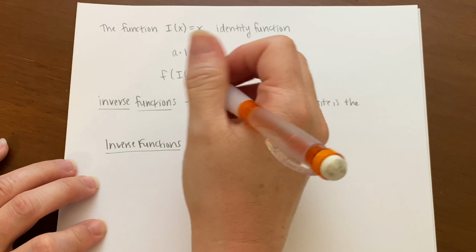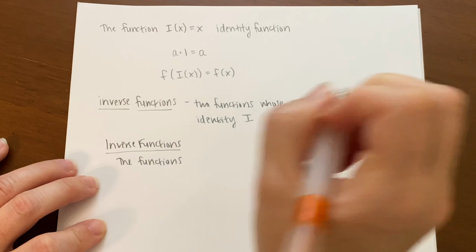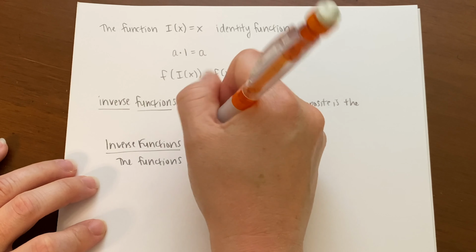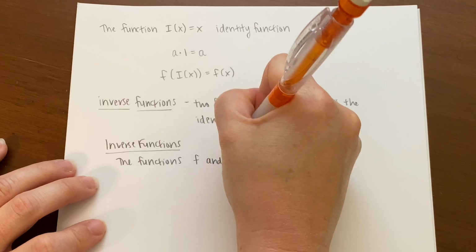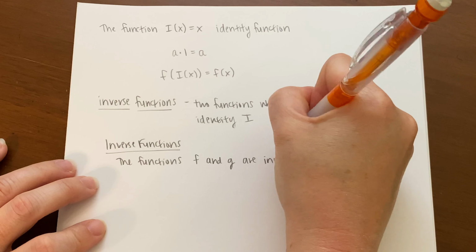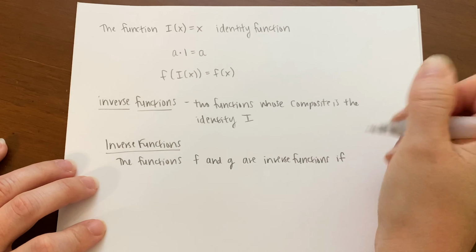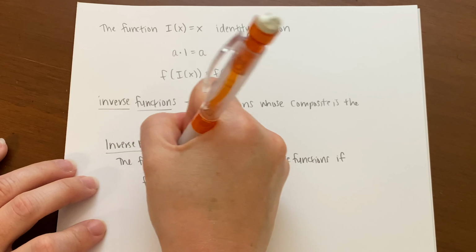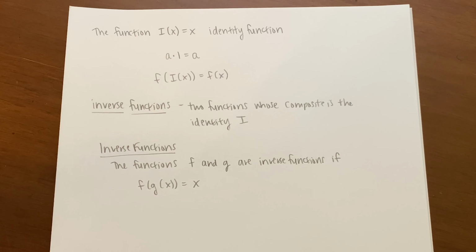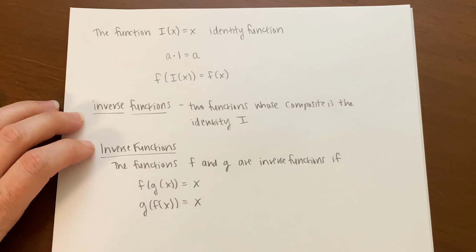So for inverse functions, the functions f and g, we use those two the most, but you can use h or I or j. So the functions f and g are inverse functions if two things: f of g of x equals x and g of f of x equals x.